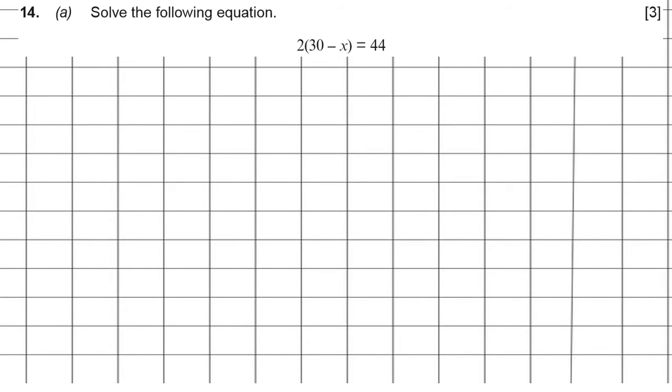Okay, 14a. Solve the following equation. We've got brackets, and therefore automatically we have to expand. So 30 times 2 is 60, take away 2 times x is 2x, gives us 44. We don't really like negative x, so let's take that across.